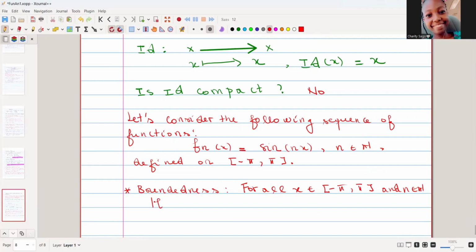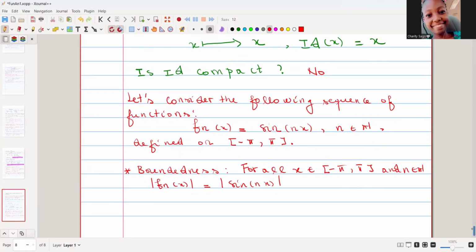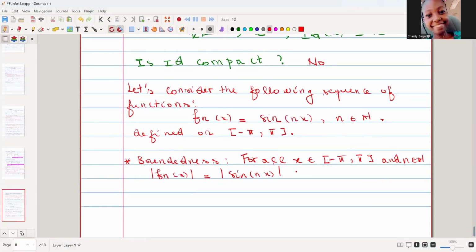The absolute value of f_n of x is equal to the absolute value of sine of nx, and this is always less than or equal to 1.